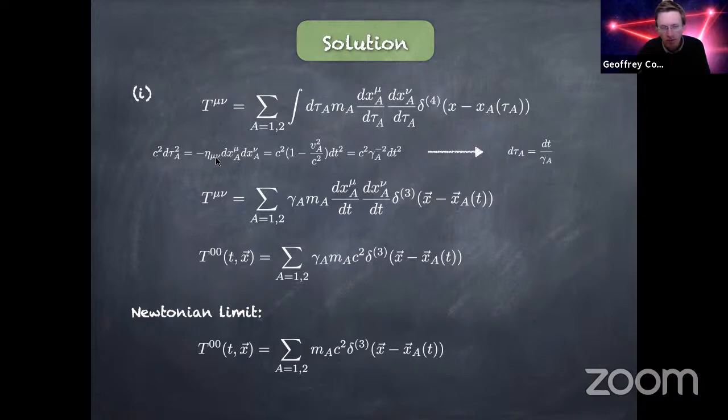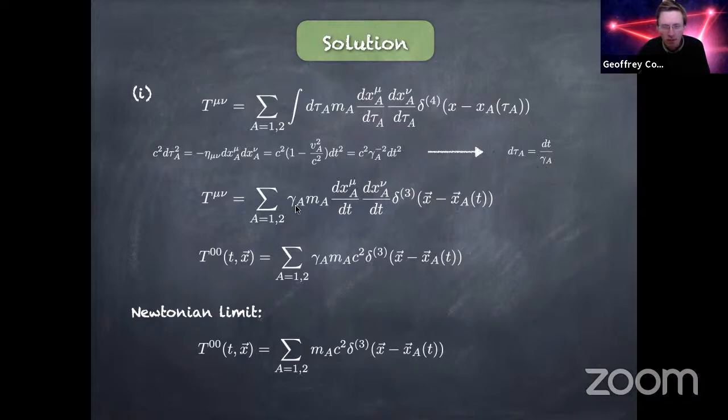I put an overall dt on numerator and denominator, so I get this expression. This is the standard Lorentz factor to the minus 1/2 in front. So the relationship between the proper time and the coordinate time in Minkowski is given by the Lorentz factor.